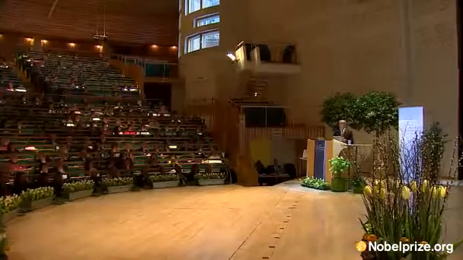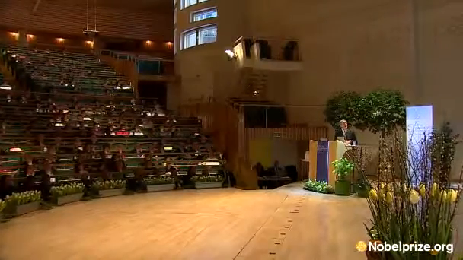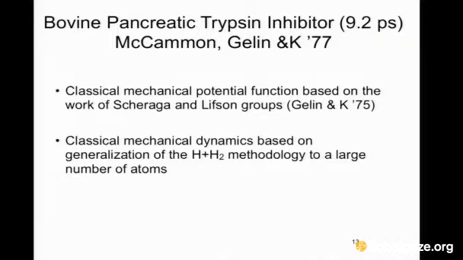At the same time, actually, in 1976, we did the first calculation applying the trajectory methods to a protein. It's a small protein, has 58 amino acids and on the order of 500 atoms.